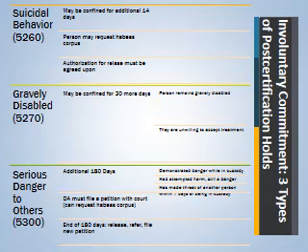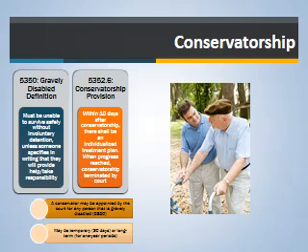And serious danger, now here the 5300 can get reinstated over and over again until they're not a threat anymore. This can be put in place if they've continued to demonstrate danger while they're in custody, whether it's through a threat, actually harming people, or attempting harm. So what is conservatorship?